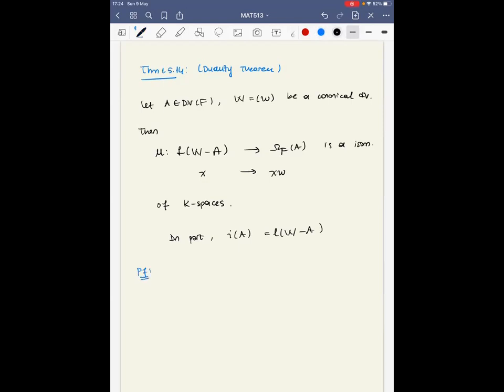So first, let me observe that the definition of this mapping mu makes sense.